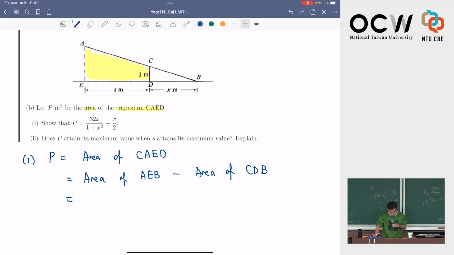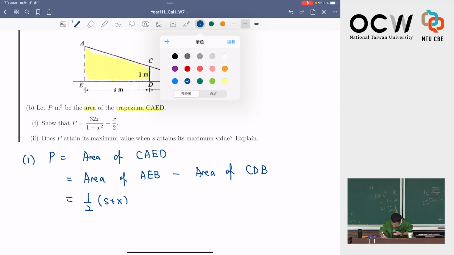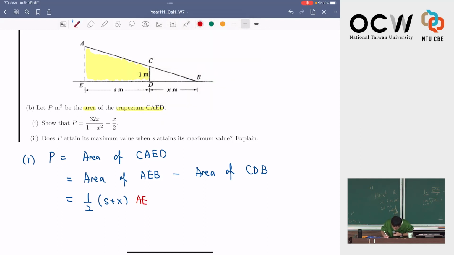And now it becomes elementary geometry. The larger triangle, the area is a half times s plus x times the height. What's the height? I'm not sure, but let me write down just AE, the length first, okay? And then minus the area of the smaller triangle. But the smaller triangle, the area is easier because it's just x over 2.